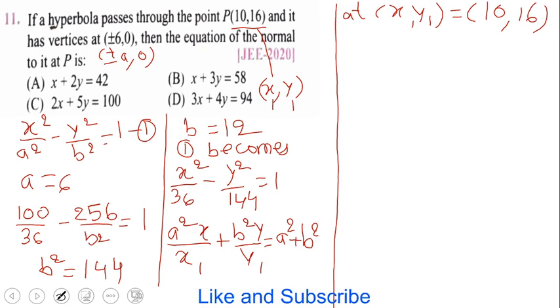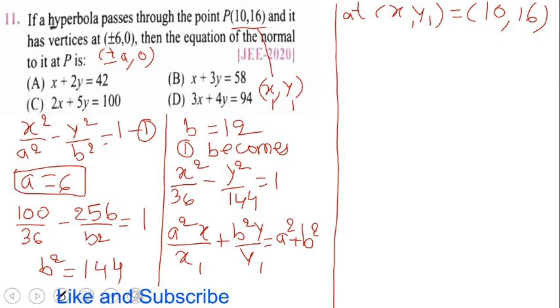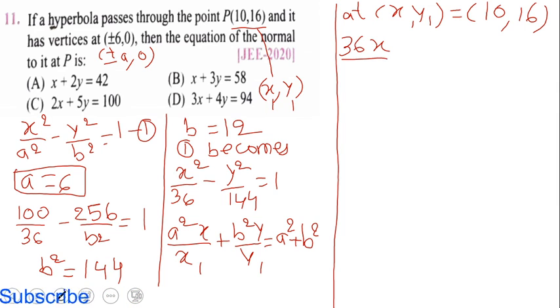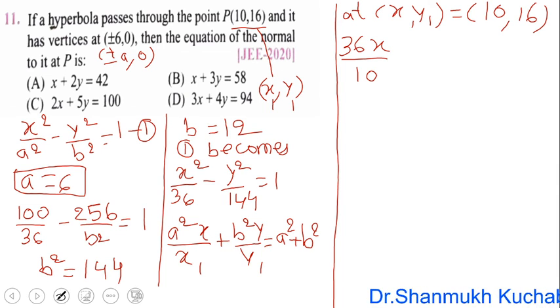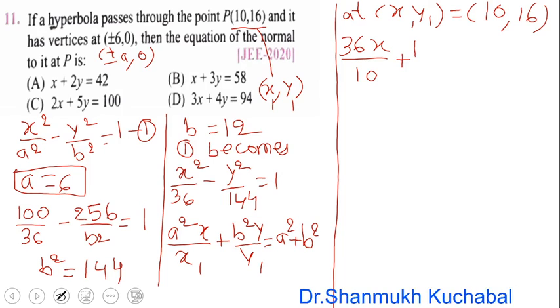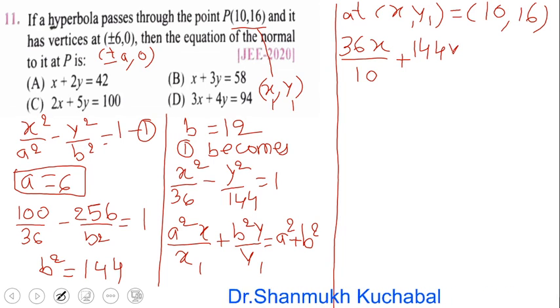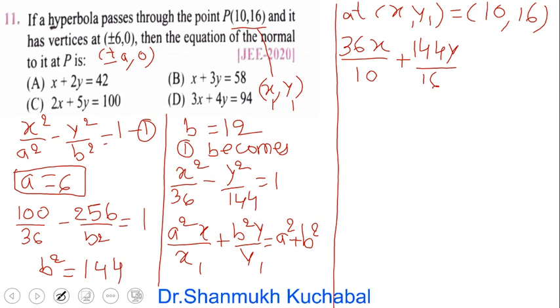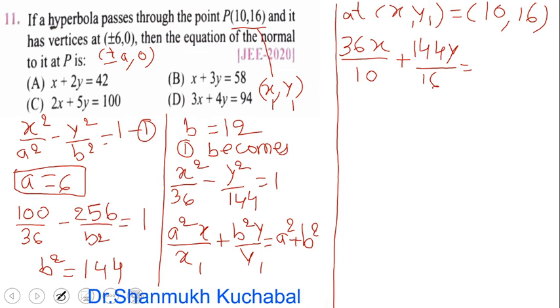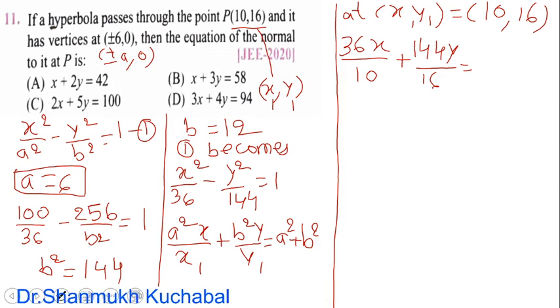So the equation will become, see, a is 6, a square 36, x by x1 10, plus b is 12, b square 144, y by y1 16, equal to a square plus b square, that is 36 plus 144.